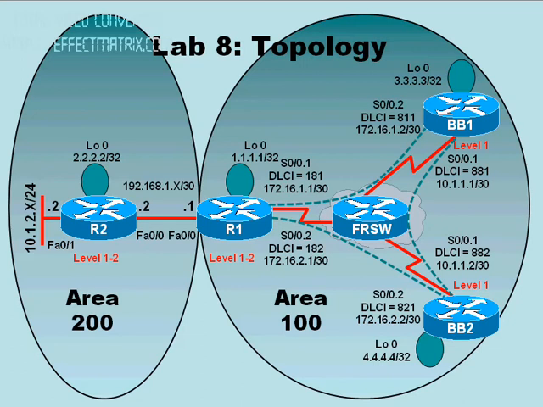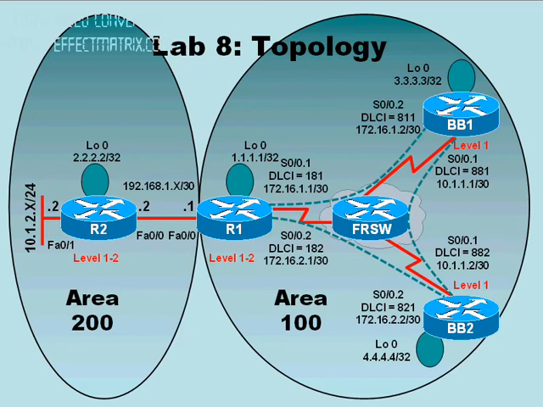With an OSPF area, oftentimes we think of interfaces as belonging to specific OSPF areas, and we might have one interface in one area and another interface in another area. With ISIS, instead of thinking of links belonging to an area, we think of the router itself, or the system, belonging to an area. So in this lab, R1 is a member of Area 100. BB1, BB2, they are members of Area 100, and router R2, it is a member of Area 200.